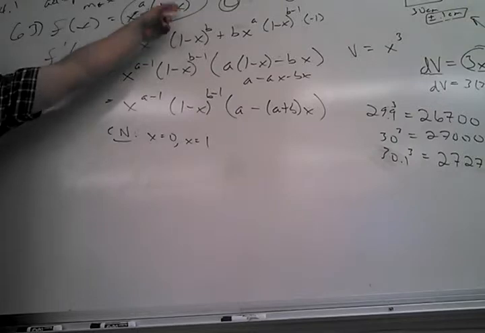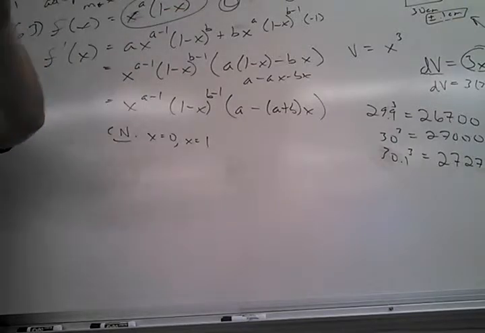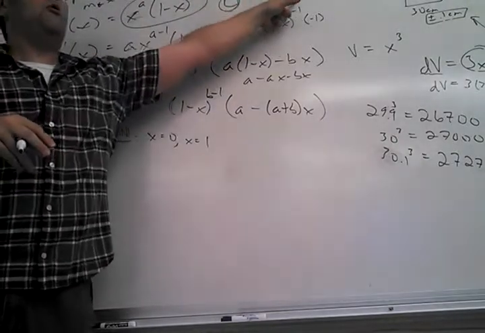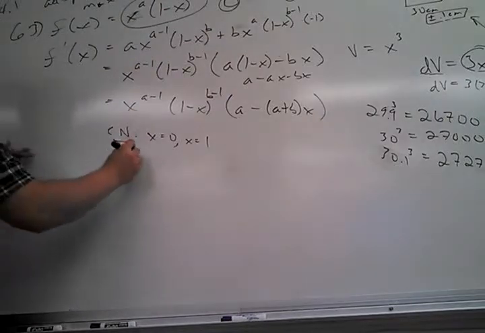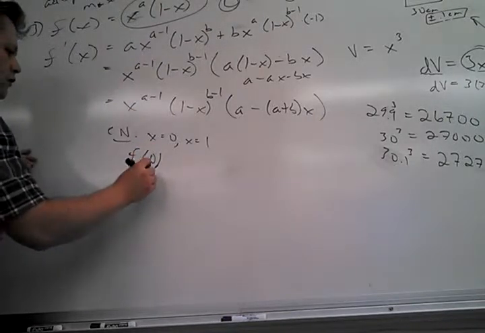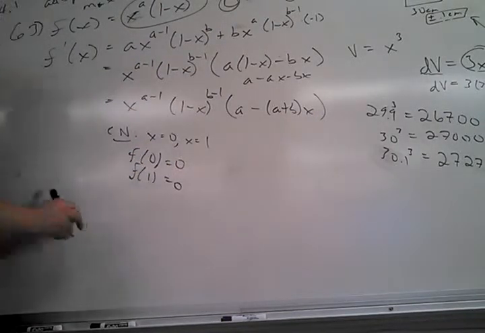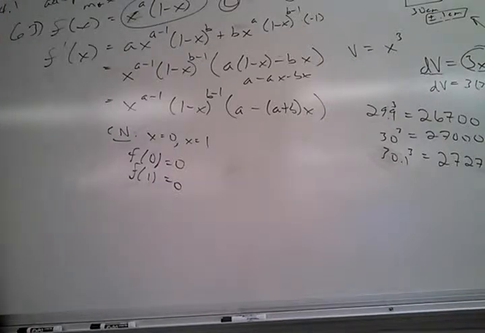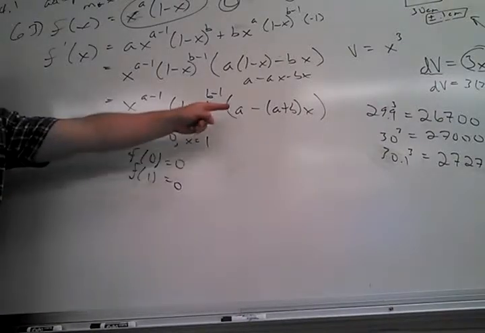If x is 1, f is 0. Cool, right? So that makes the function 0 at the endpoints. So I know that f at 0 and f at 1 are both 0. Doesn't really tell me anything yet, because that could be the biggest value. Who knows? And what's the last possible critical number I have?